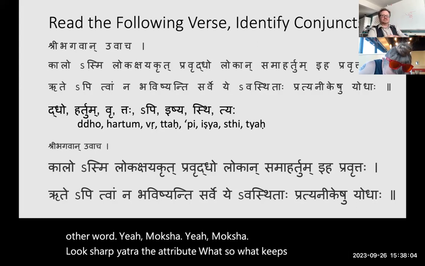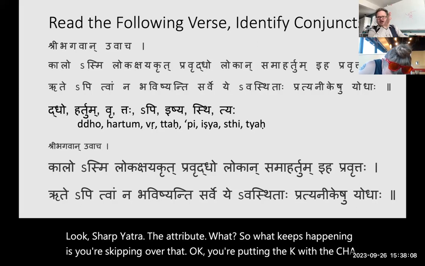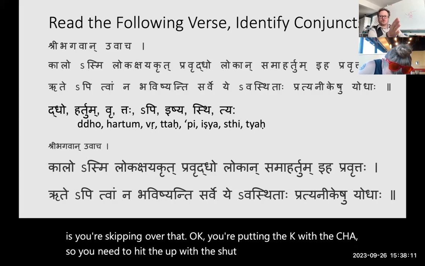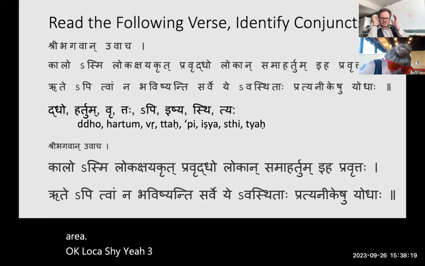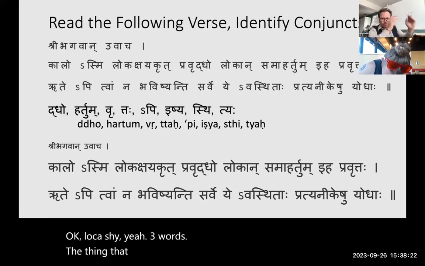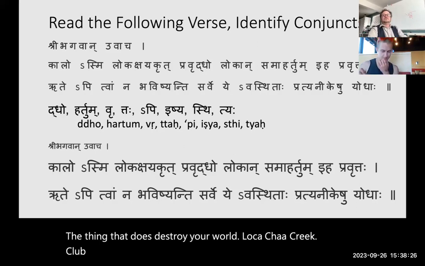What keeps happening is you're skipping over that K. You're putting the K with the ksha. So: Loka, shaya, krit. Three words. The thing that does destroyer of worlds. Loka, kshaya, krit.